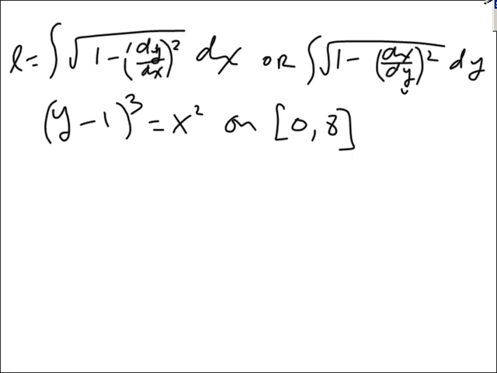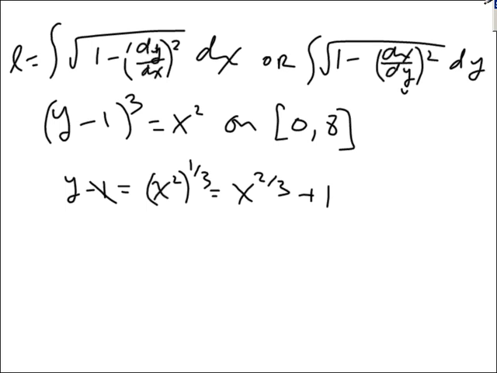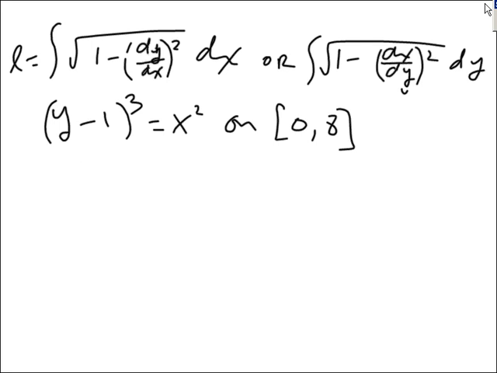We can take the cube root of both sides, and then we would get y minus 1 is x squared to the third, which is x to the 2/3, and then add 1. That's probably not a crazy way of doing it. However, let's try to use the second formula for this problem.